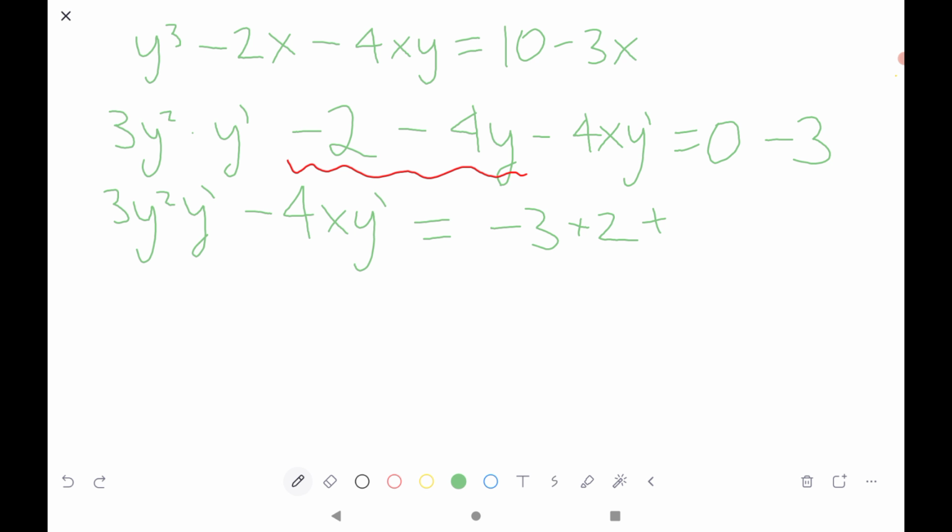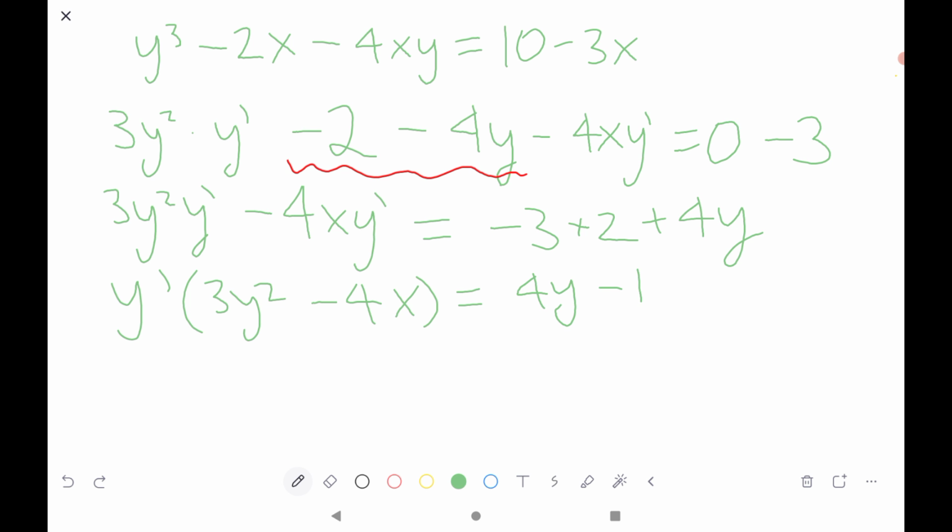So the minus 2 becomes a plus 2, and the minus 4y becomes a plus 4y. Great. Now we just need to factorize the left-hand side, and simplify the right-hand side. So negative 3 plus 2 is negative 1. So we can just write this as 4y take 1.